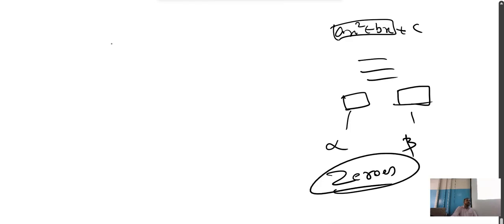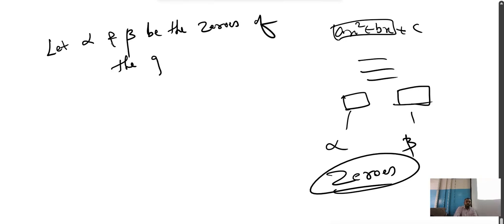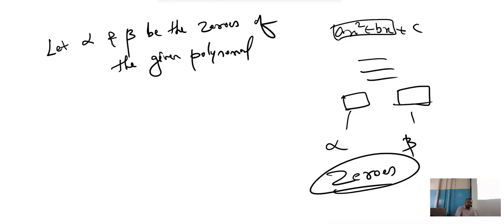Zeros means answer, solution. So in a quadratic polynomial we have two zeros. The first zero we call alpha and the second zero we assume as beta. So first we can write, let alpha and beta be the zeros of the given polynomial.